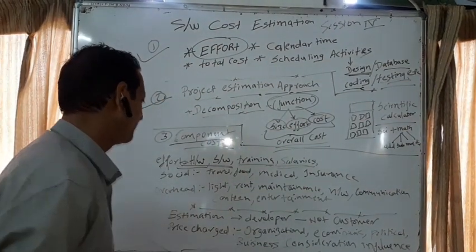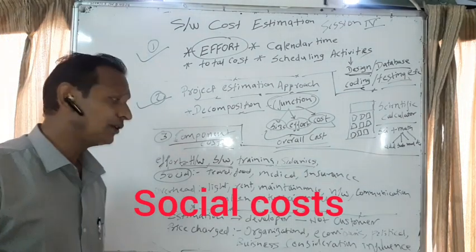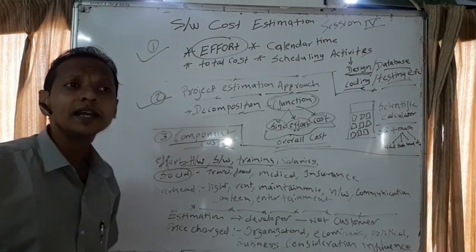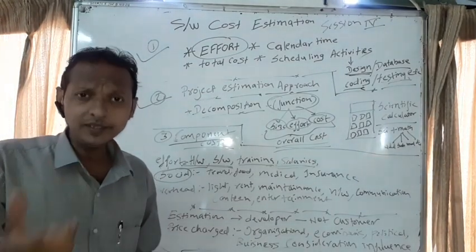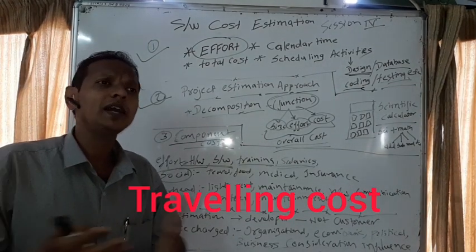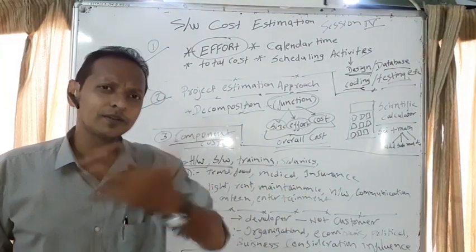Apart from these, there are social costs which we usually don't focus on, but they are very important. Social costs may cover traveling cost. You may have seen many buses which bring employees from Aurangabad to us.